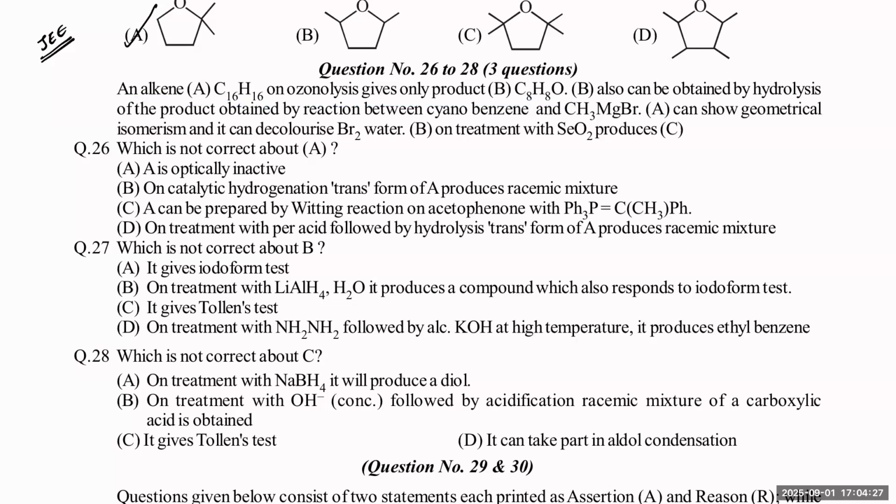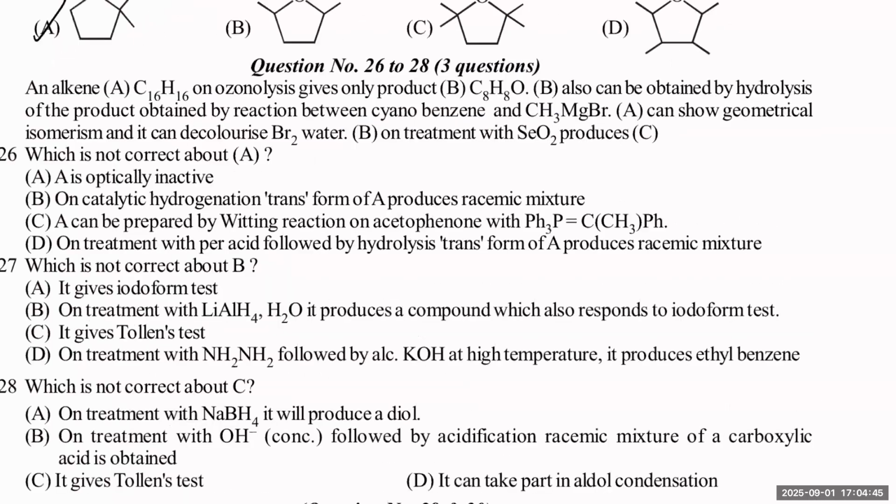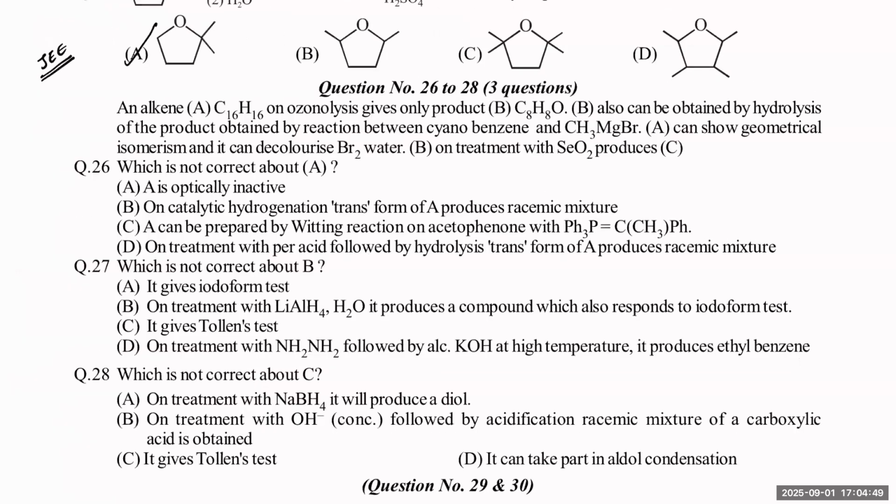So that means you're breaking that. So it is definitely somewhere at the equal part. So there is only one double bond. And B also is obtained by hydrolysis of the product obtained by reaction between cyanobenzene and CH3MgBr. Okay. So let us do that first.